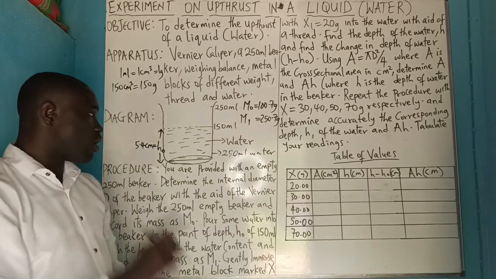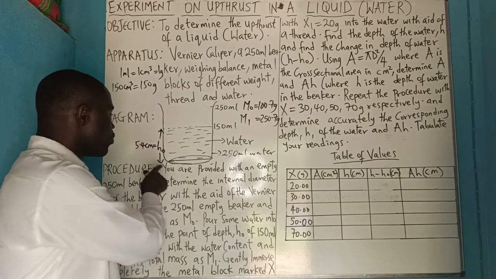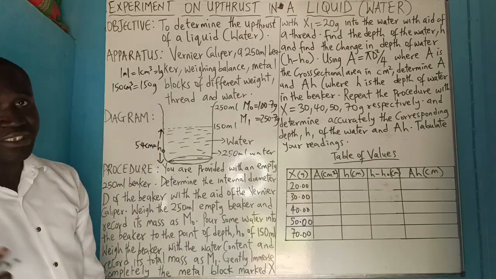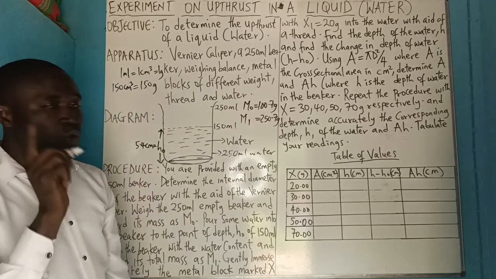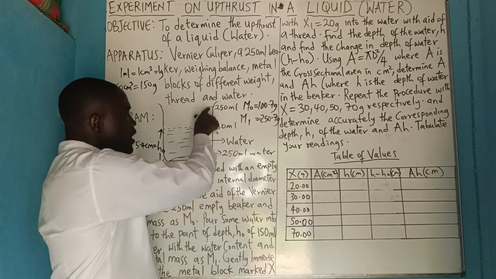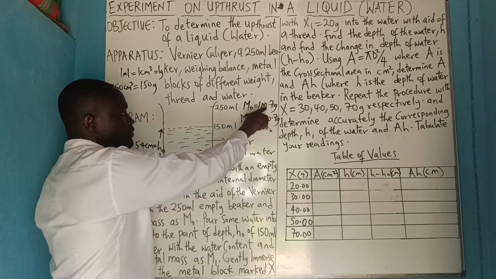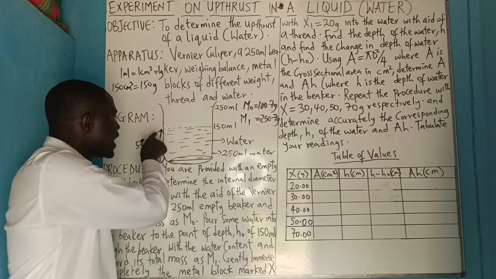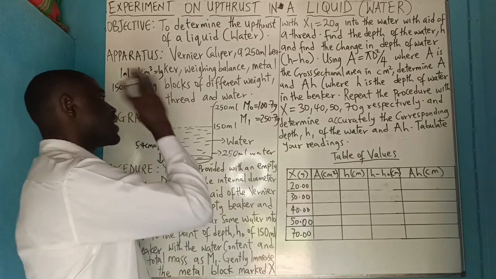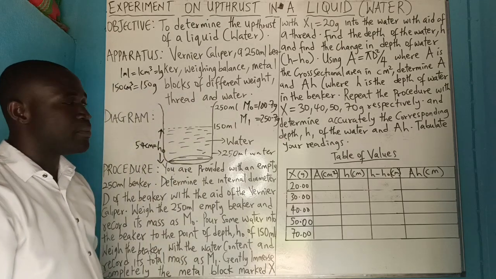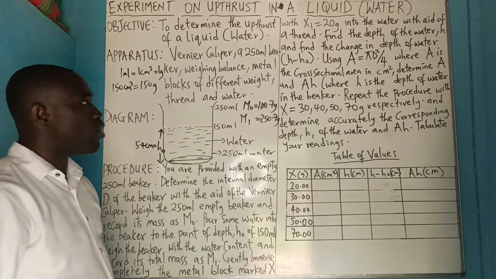The height of the 150 ml of water was giving me 5.4 cm. So that means two things you are to do: weigh the beaker to note the value, then get the height of the water to note the value, then you can go direct and do your manipulation without wasting your time anymore.